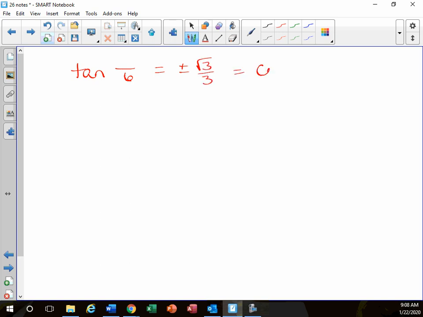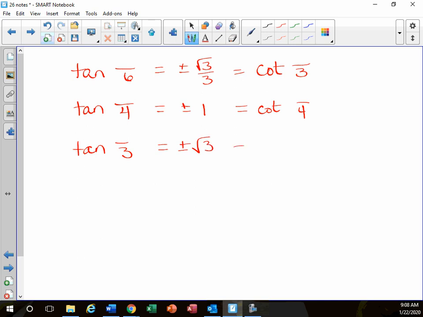And that's going to be the same as a cotangent of any of the over 3s. Okay. Tangent of the over 4s is always 1, and that's the same for cotangent of the over 4s. Okay. Tangent of the over 3s, root 3, and that's the same as cotangent of the over 6s.